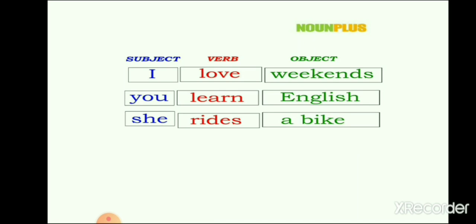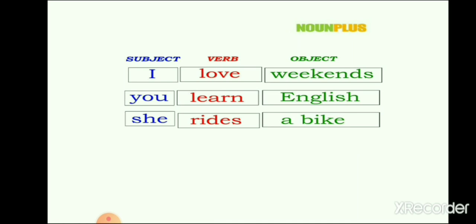The third one is our object. I love. Automatically a question will come: you love what? I love weekends. Without the object, weekends, the sentence is not meaningful.